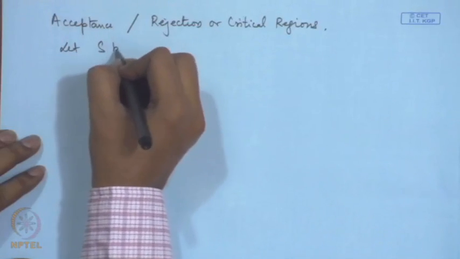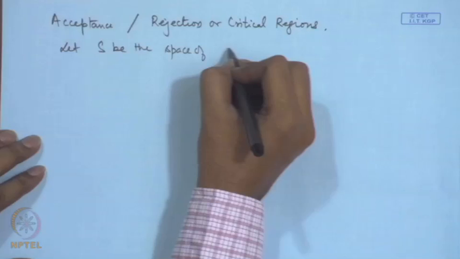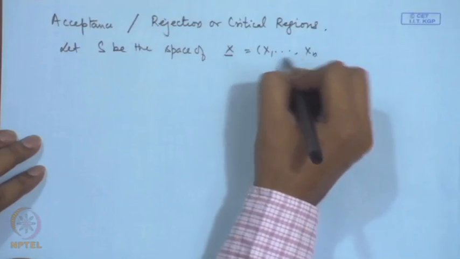Let S be the space of x is equal to x 1, x 2, x n.